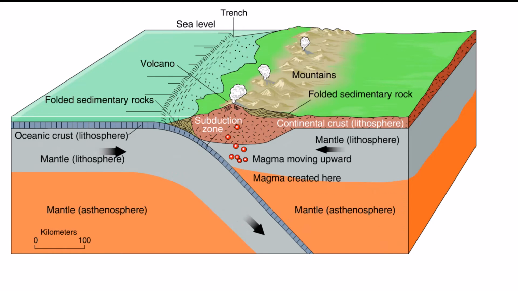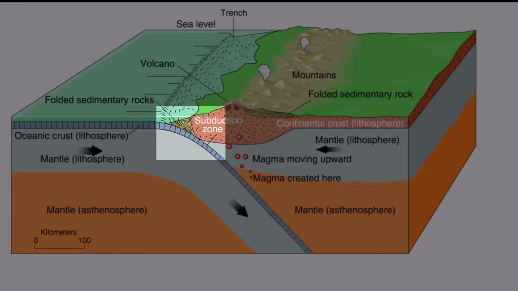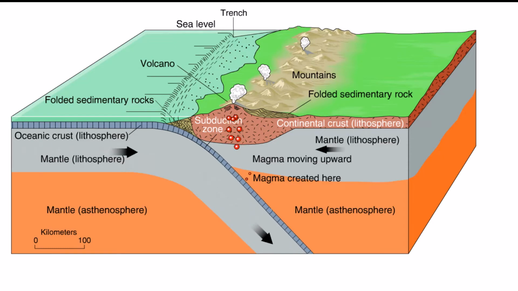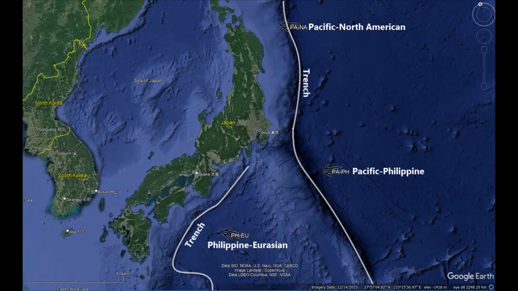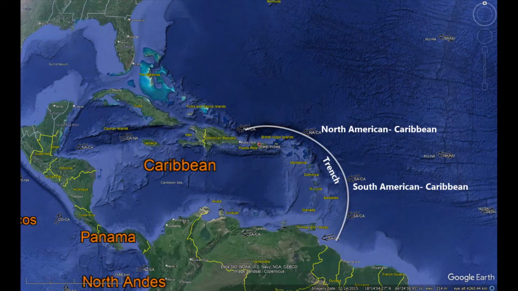The depth of the deeper earthquakes may also provide an indication as to the angle of subduction, where gentler angles of subduction give rise to shallower earthquakes. If subduction occurs offshore, island arcs may form, for example, Japan and the West Indies.